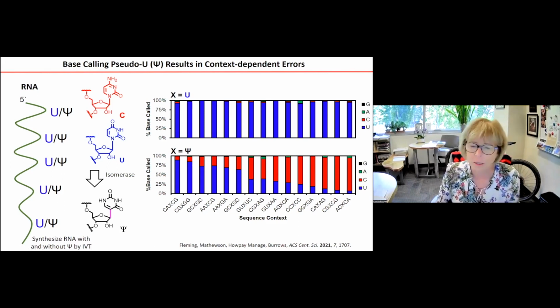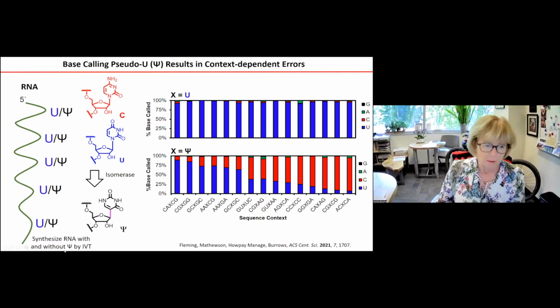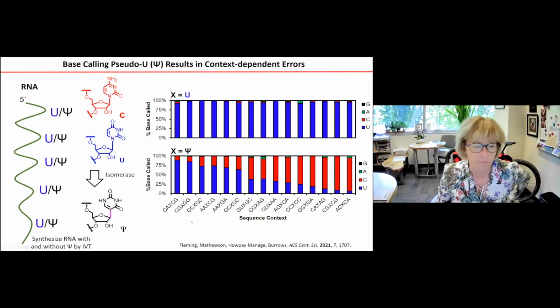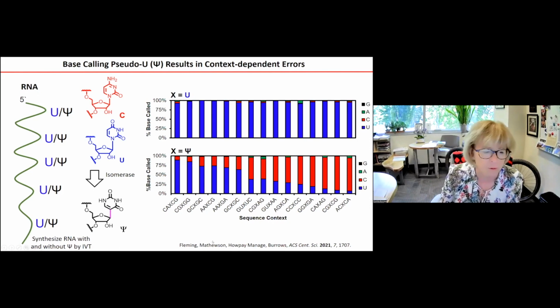And so we need to have standards with all these different sequence contexts in order to figure out what amount of pseudouridine we really have. That's done by synthesizing RNA by in vitro transcription, either using uridine triphosphate or pseudouridine triphosphate, or by synthesizing short oligos that contain U and pseudo-U in appropriate places.